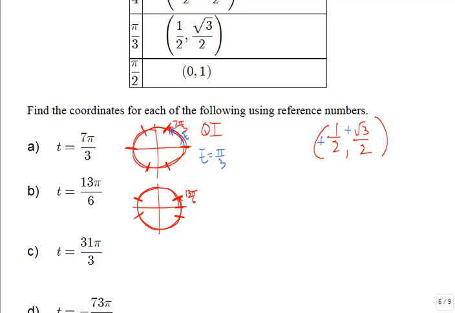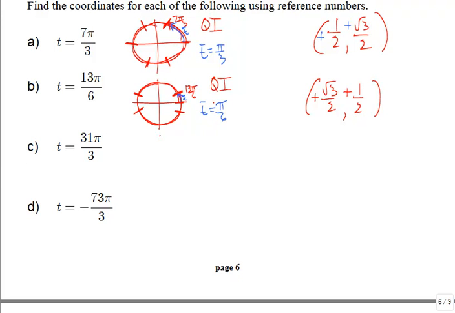So again, your t bar would just be that little extra beyond 2 pi, so t bar here is pi over 6. Because we ended up in quadrant 1 again, we want positive x's and positive y's. Because this is a pi over 6 reference angle, that means we want root 3 over 2 to come first, then the 1/2, and since this is quadrant 1, both should be positive.